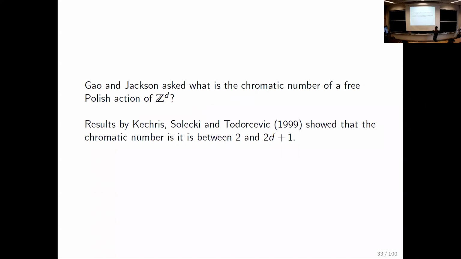And they showed that the chromatic number is exactly between 2 and 2d. 2 is still a possibility, because you can have a very stupid action. But I think that you knew it. You were looking at a particular action. You knew the fact that it's 2.